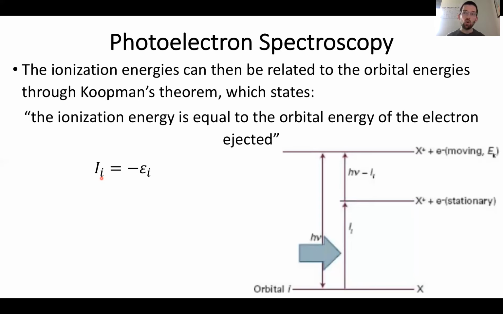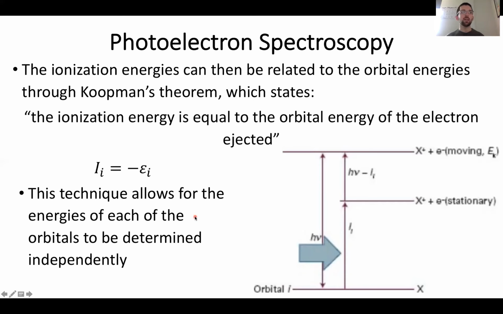I'm going to get a whole bunch of different electrons out, each with their own characteristic velocity, which means each has their own characteristic ionization energy. So this means that I can go ahead and determine the molecular orbital energy of every available MO.